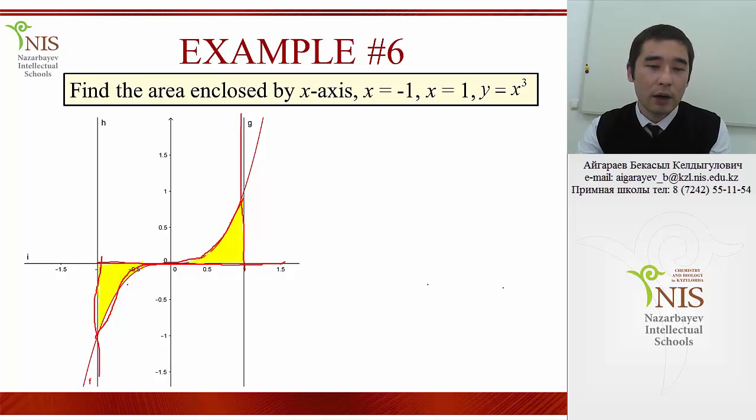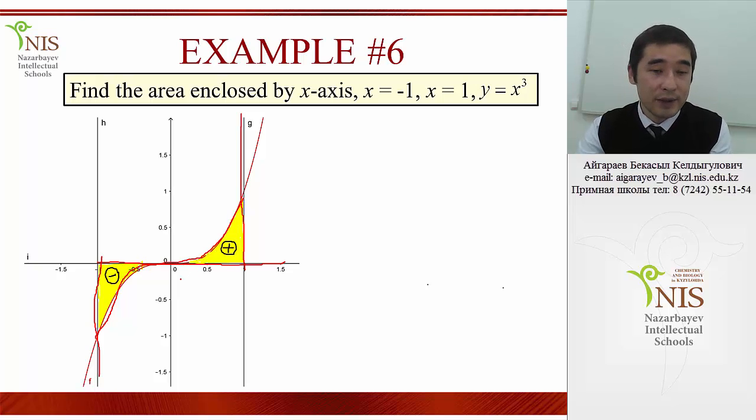So the yellow parts are the areas that I have to find. This area is below the x-axis and it's negative, and this area is above the x-axis and it's positive, and when we add those areas we get 0.